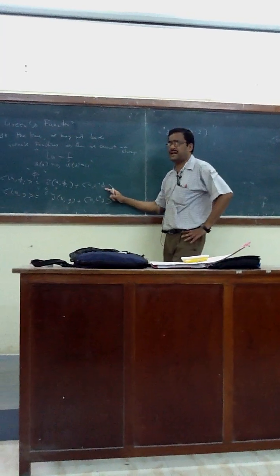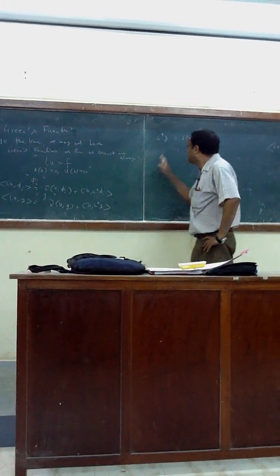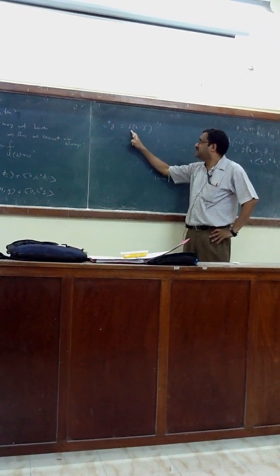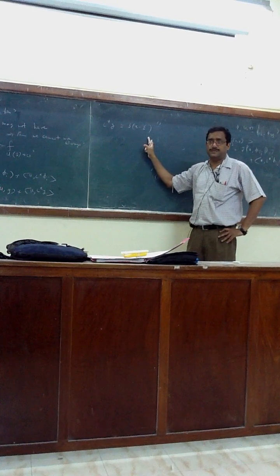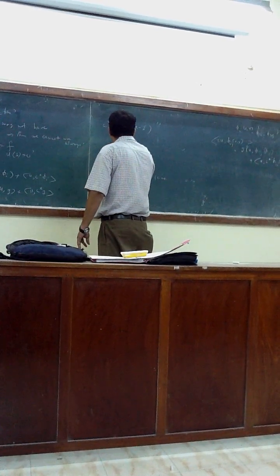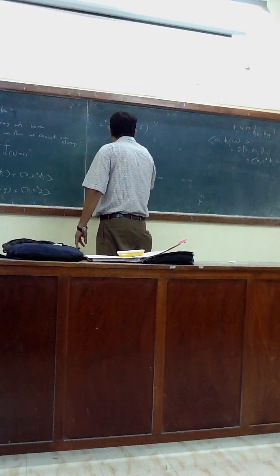Earlier, L star phi i equals minus lambda phi i. Now the property of Green's function is such that L star G equals delta(x minus z). The boundary conditions are such that J u G equals 0.